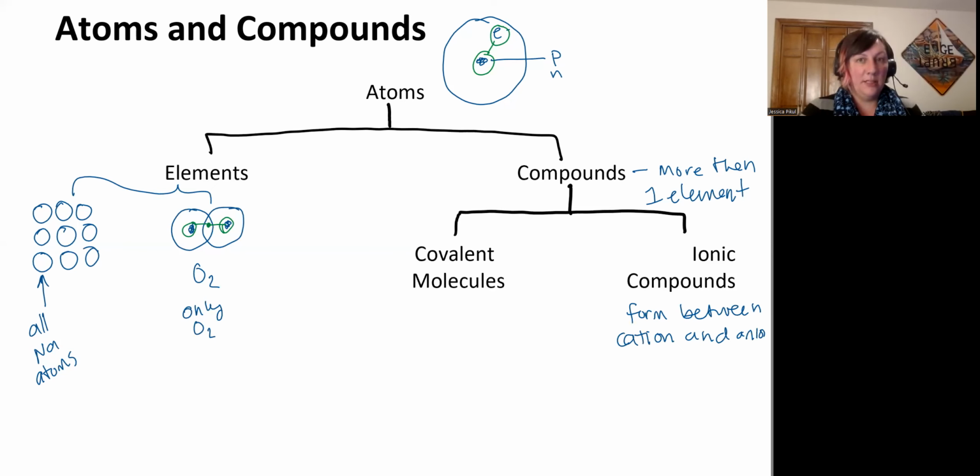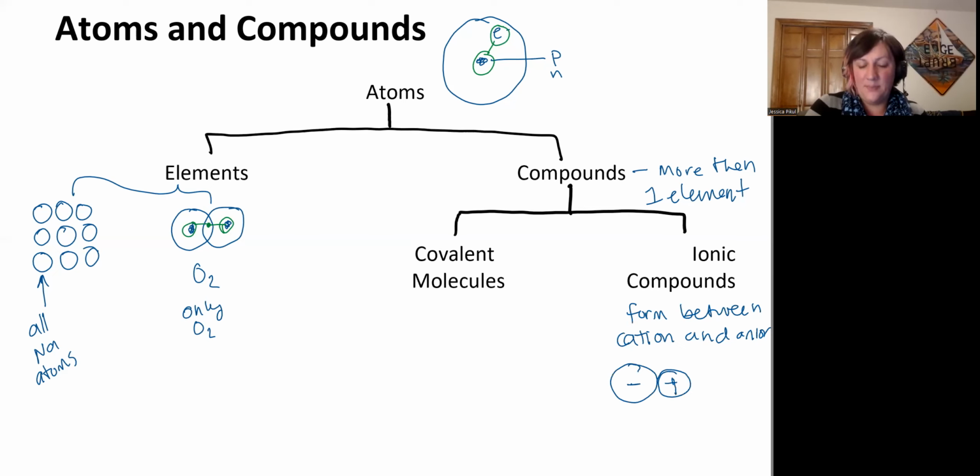So these are atoms of an element that have an imbalance in their electrons and their protons. And so that makes them no longer in their elemental form. They are an ion and they have a charge. So remember, opposites attract. So we always need something that is going to be negative and something that's going to be positive.